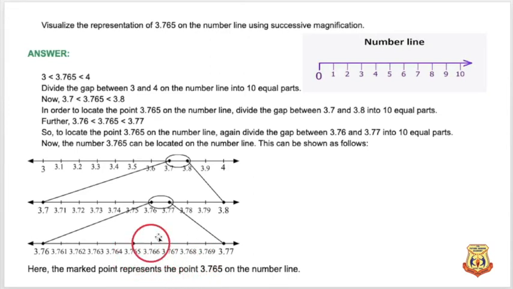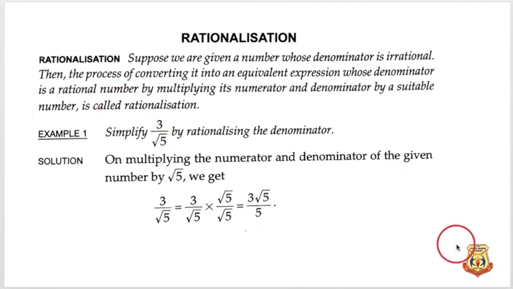What is the question? 3.765. Here is the number 3.765. Here the marked point represents the point 3.765 on the number line. Understand? Okay.